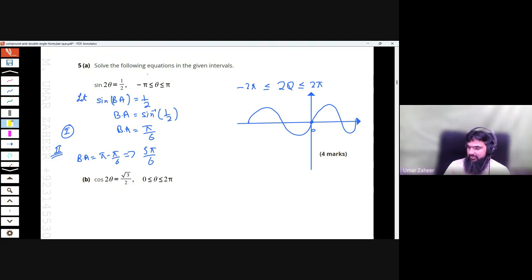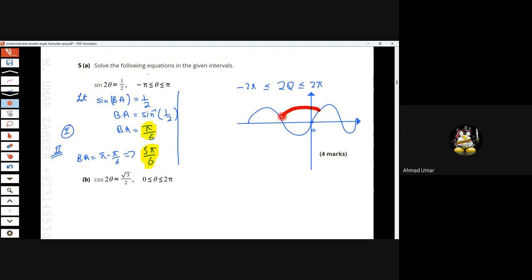So I'm going to get one angle, and for the second angle, I need to find the angle in the previous quadrant as well. So what is the period you will get from here to here? 2 pi.